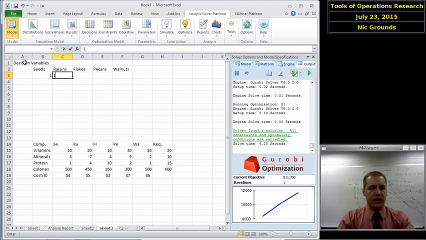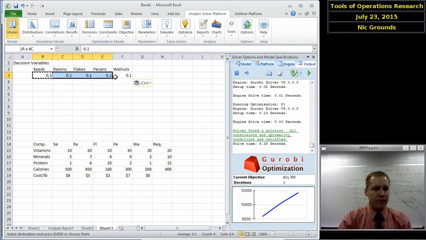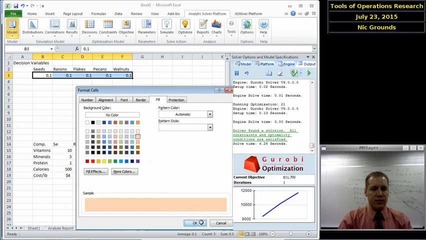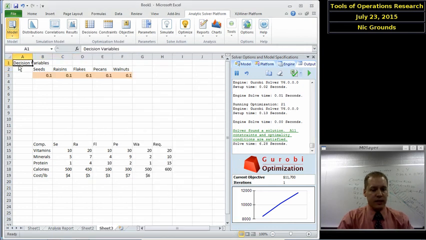Okay. Let's do 1/10 of a pound for each one, just to start with. We're going to make those our decision variables. As I always do, I like to highlight that. So there we go. That's part 1 of the model. We know what we're deciding: the pound amount of each ingredient to buy to make our trail mix.